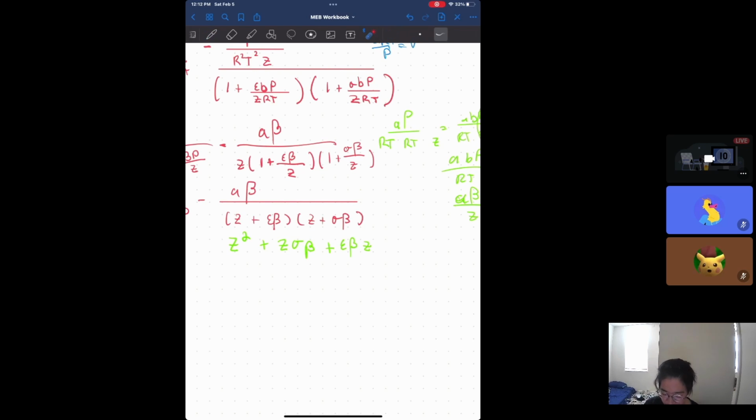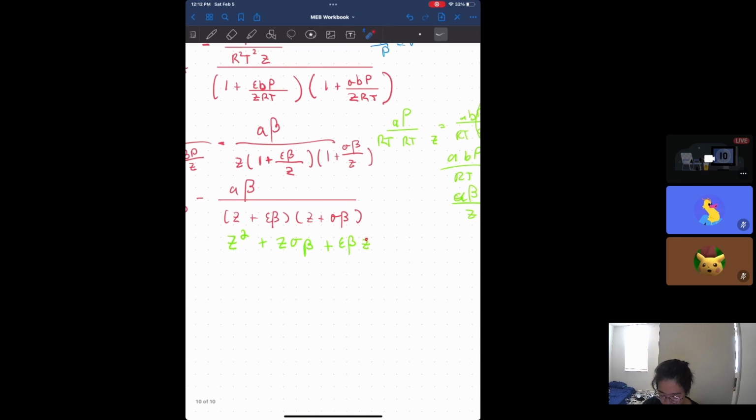Take a look at that expression. What do we notice? We notice that each term between these two have both a z and a beta. So we can clean that up really quick by factoring out the z and the beta and say that z beta times sigma plus epsilon.